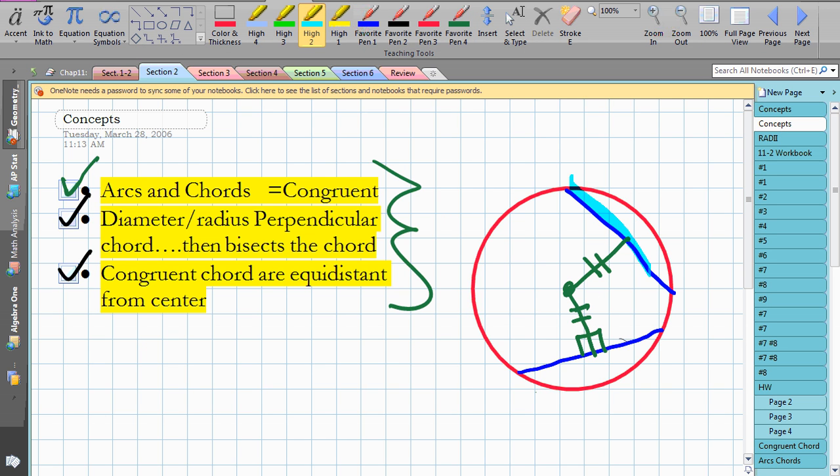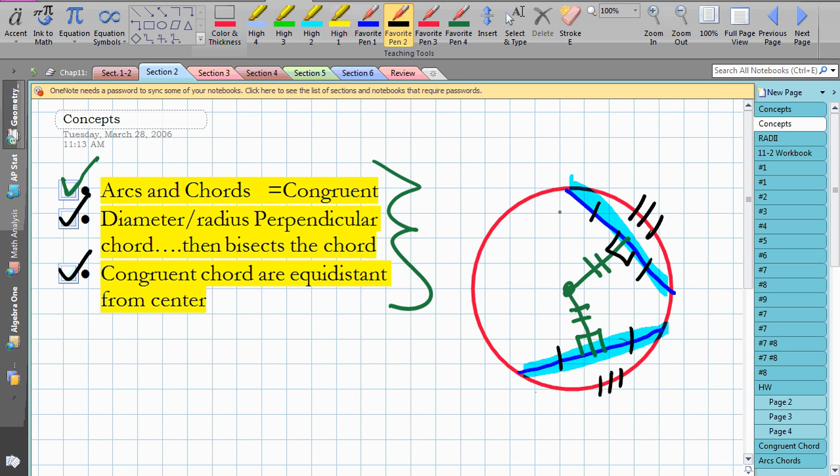Well, not only in this diagram is that one true, notice if the chords are congruent, we also know the arcs are congruent. And what else is true? If the radii is perpendicular, then it's going to chop the chords into two parts. So that's like all three kind of lumped together in one diagram right there.